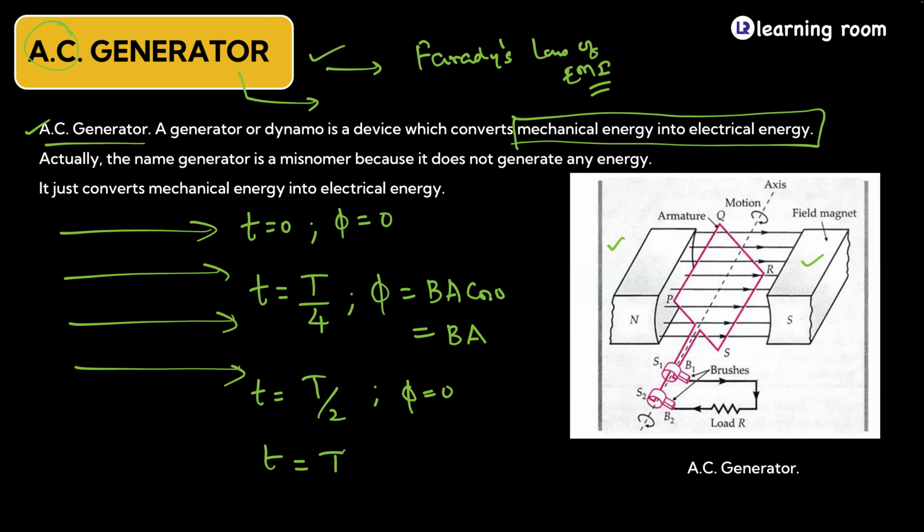So initially, it is like this, no? With respect to this 180-degree turn, the flux will be equal to BA, and this time it is going to be cos 180 degrees. So what has happened? The flux has gone from 0 to maximum, maximum to minimum. And again, it will go back to 0 and it will start. So this clearly indicates one fact, that there is a change in flux taking place due to the rotation of the coil, right?